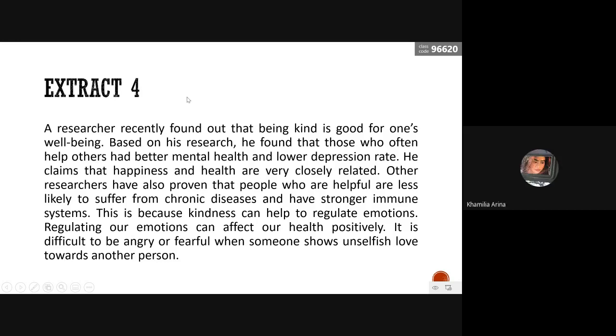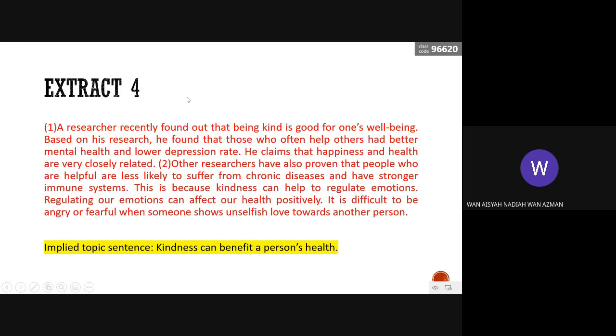Based on the research, there are numerous positive effects of being kind. Yes, that can be accepted. Very good. So this is just an example.